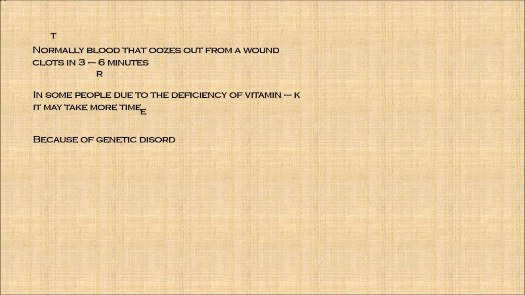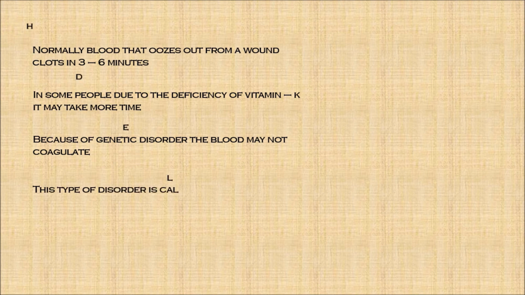Because of a genetic disorder, the blood may not coagulate. So what could be the reason for the delay in clotting? It may be a genetic disorder. One type of genetic disorder is called hemophilia.